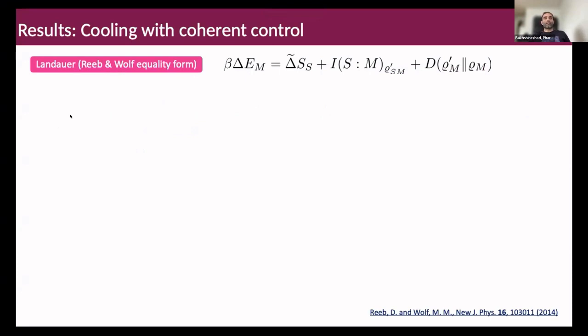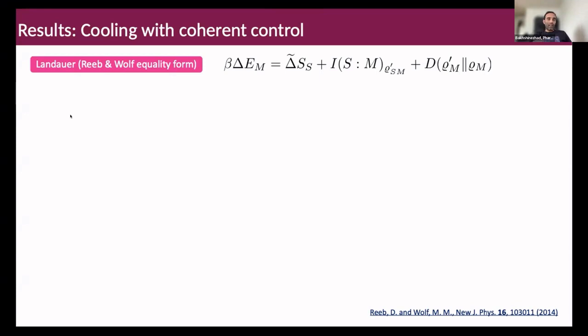There they showed that when the system is interacting with the machine with the thermal state, the energy exchange of the machine depends on the entropy exchange of the system plus two positive terms. One is related to the amount of correlation you can create, and another one is the difference between the initial and final state of the machine.